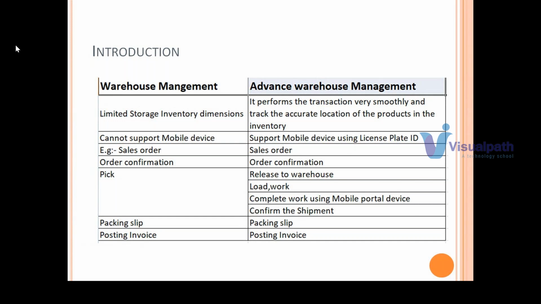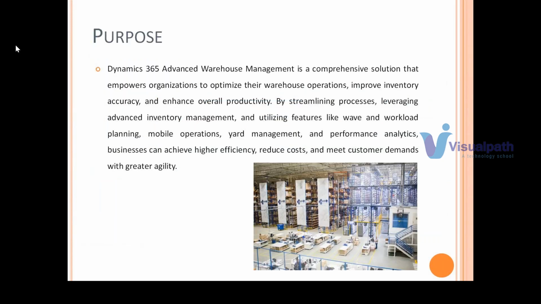And the purpose of using the advanced warehouse management system is to organize and optimize warehouse operations, and improve inventory accuracy. So if you want to do transactions like where the stock has been put and in which location, or we have different types of agile racks and different types of storage locations.